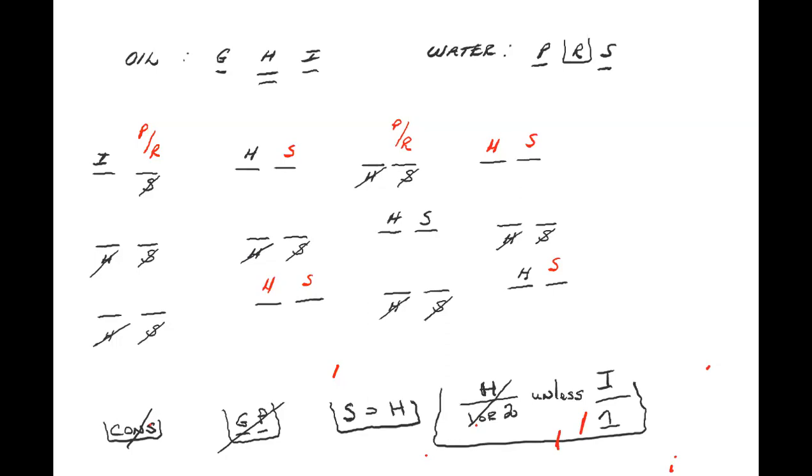This has to be a G. And so this G needs to be with the R. That means this I is going to have to be with the P, right? So once we put the H's in there, you have H, H, I. So that has to be G. As we pointed out before, the G has to be with the R. So the R is no longer available over here. And that I is going to have to be with a P.